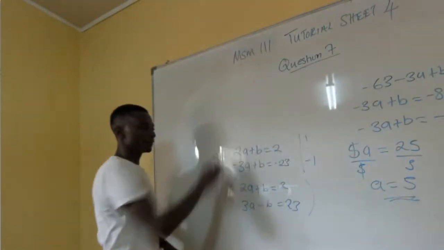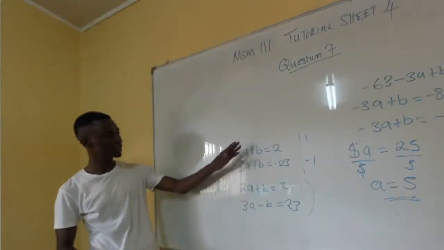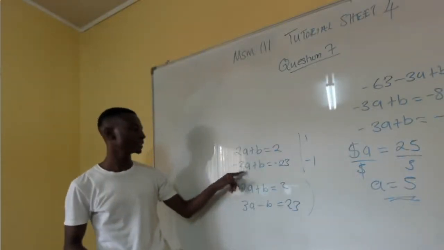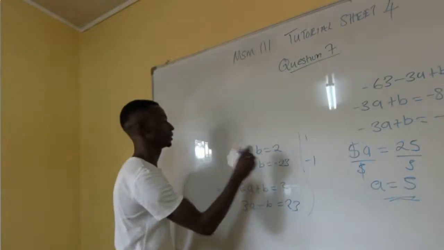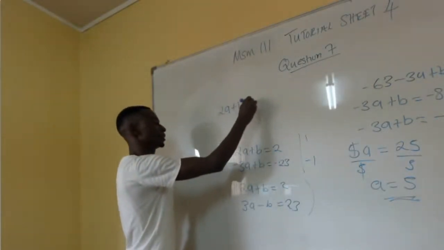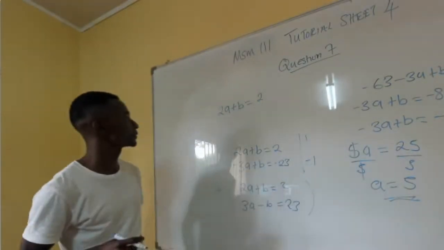For you to know the value of B, what you're supposed to do here is to get any function. If you want, you can get this one. If you want, you can get the down function. So now let's pick the one on top. So we say 2A plus B equal to 2. What is A? A is 5.